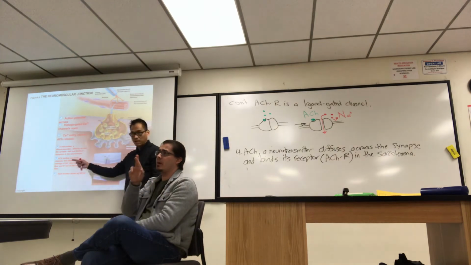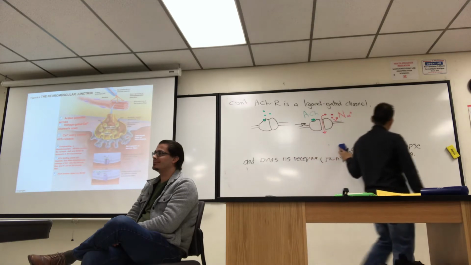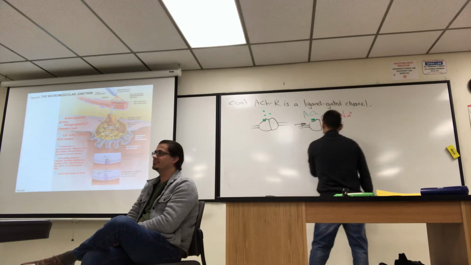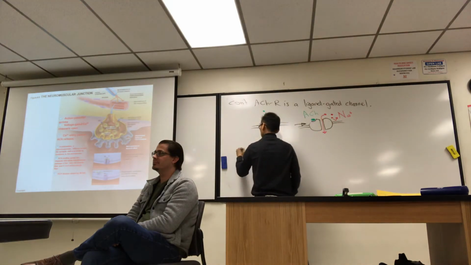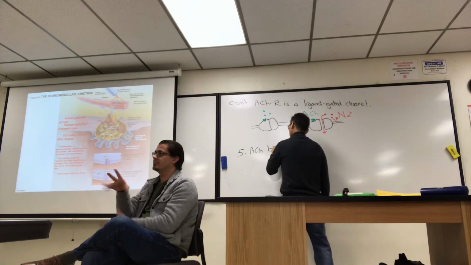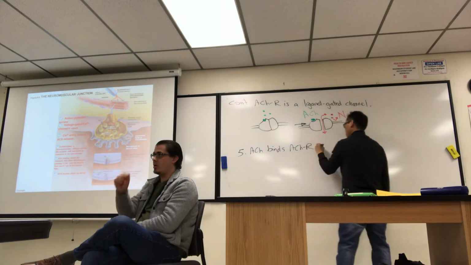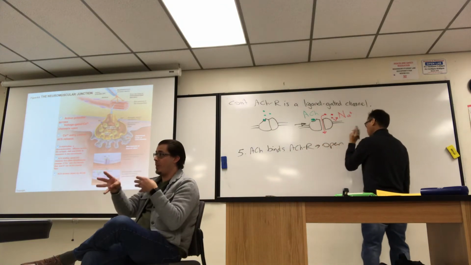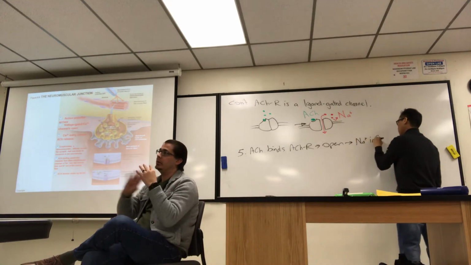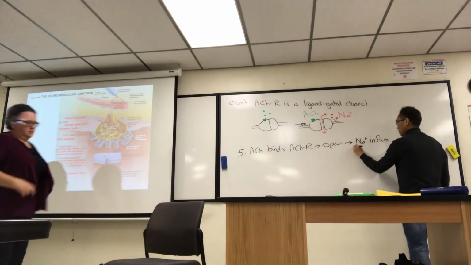That's step 5. ACH binds ACHR, those channels open and it allows for sodium influx. Yes, you have the efflux of potassium, but focus on the sodium influx.